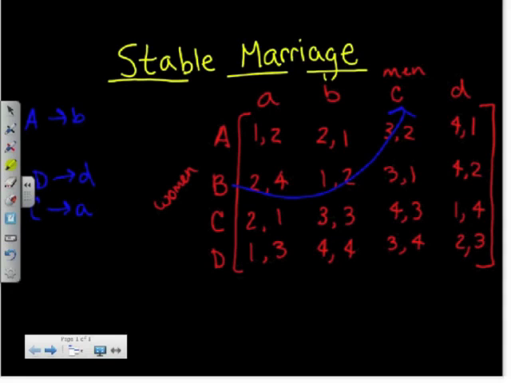And so therefore, we're going to have woman B with man c. So this is a stable marriage on all parts, and woman optimal. Okay.